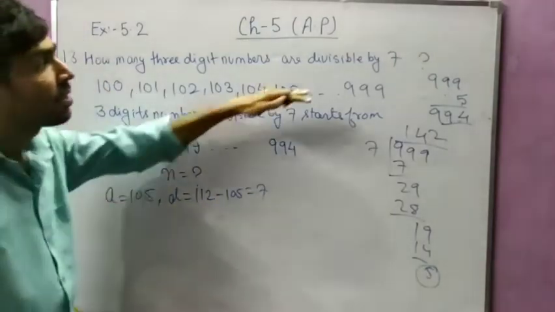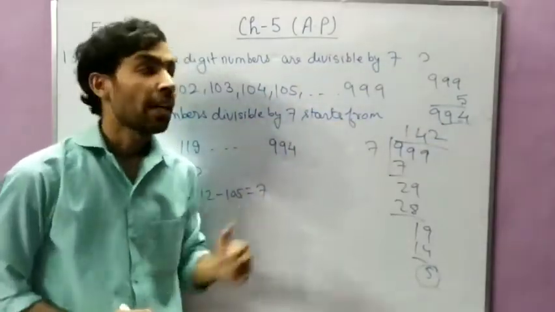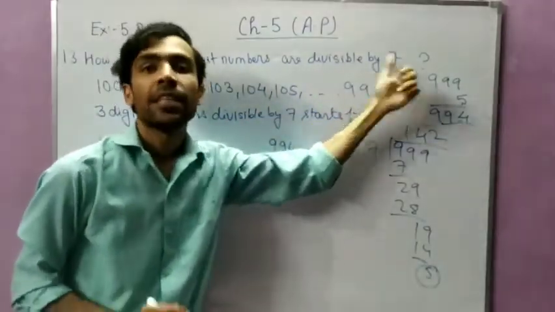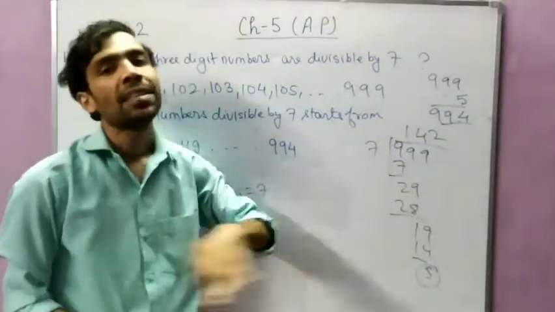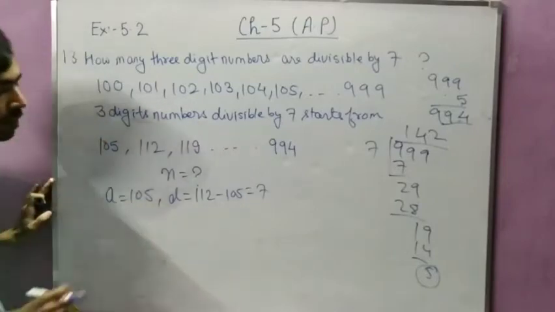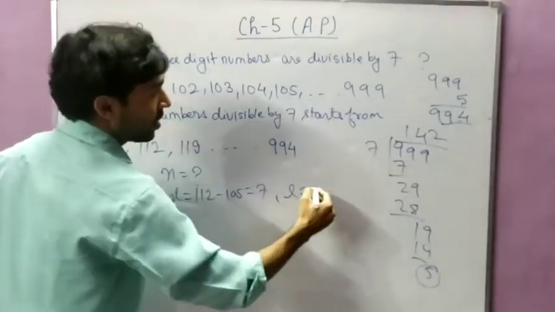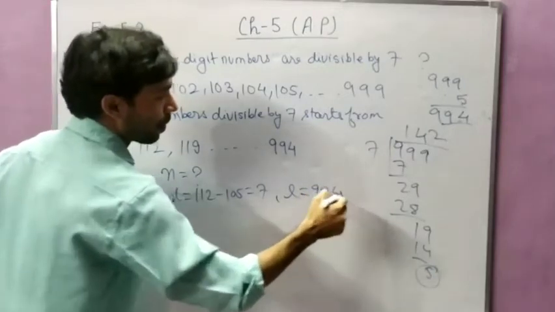When it is written divisible by 7, it means the common difference will be 7. When it is written divisible by 5, then the common difference is 5, and so on. So in this case, the first term is 105, the common difference is 7, and the last term is 994.